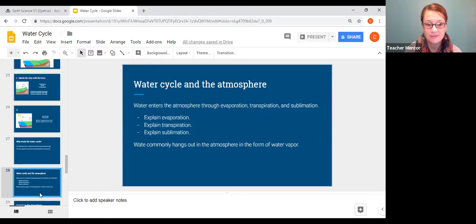Evaporation is the gas. Okay, so evaporation is water turning to a vapor from what state? Liquid. Very good. So we have evaporation, a gas from a liquid, and then transpiration.